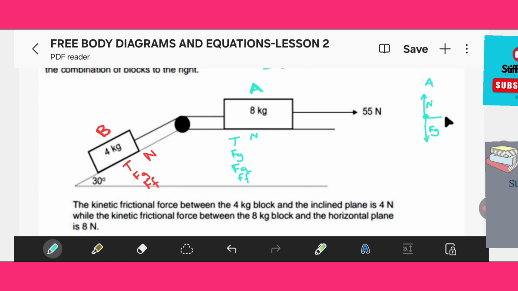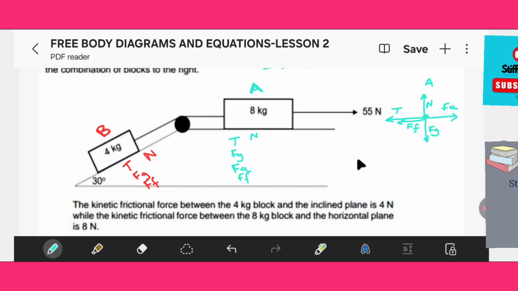We are going to have the force applied, and I also explained that if you're having the tension of this pulling the object backwards, it means that the tension will be going to the back. So this is acting as the applied force to this object. So we're going to have tension as well as frictional force. You can see that this object is having frictional force. So this is the free body diagram of block A.